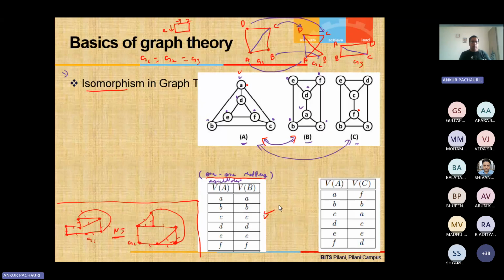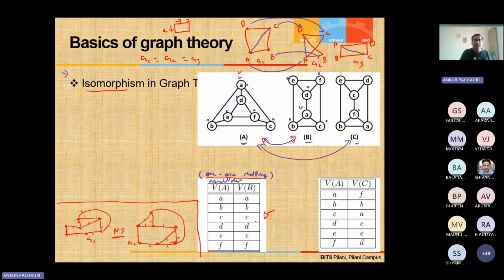Okay, now it's easy for us as a human to say, okay, this is twisted, if we change an orientation or something, but for a computer, how can that one-to-one mapping be identified?